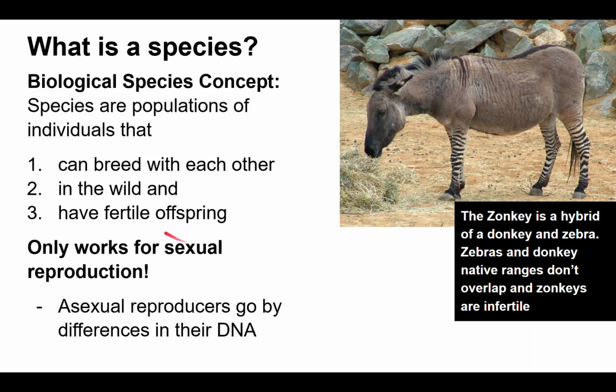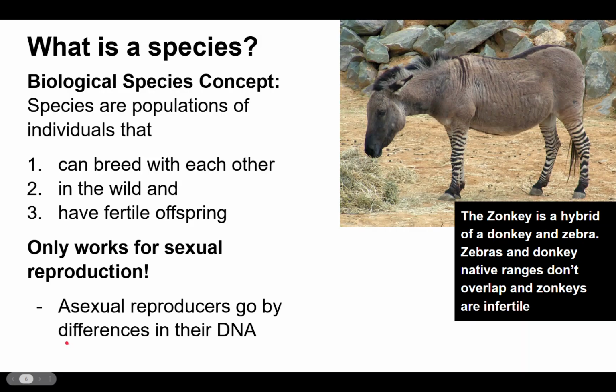Now the problem is this only works for sexual reproduction. The majority of organisms on the planet are not sexually reproducing, and so instead we need to figure out some other way of dealing with that. And that's fairly arbitrary. For bacteria, for example, scientists have chosen a 2.5 to 3% difference in the DNA of particular genes or the genome, right?